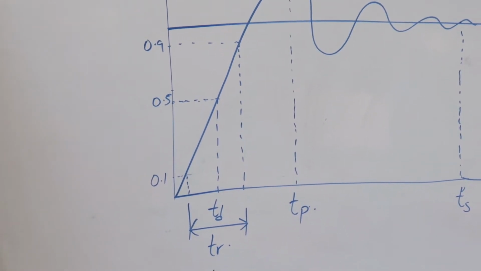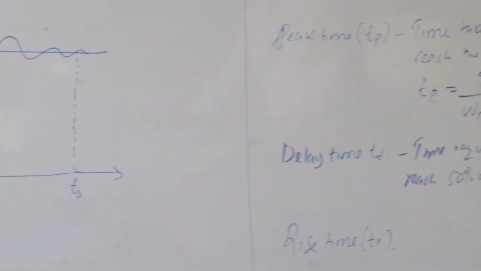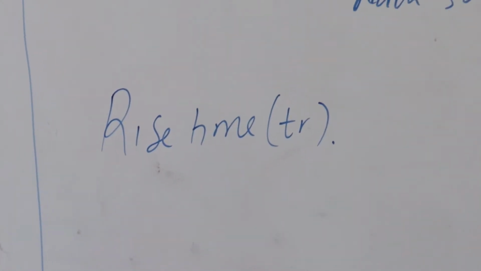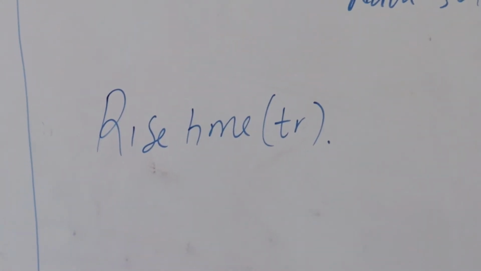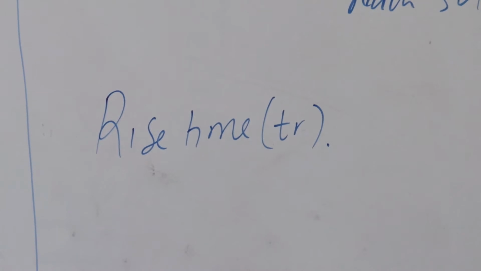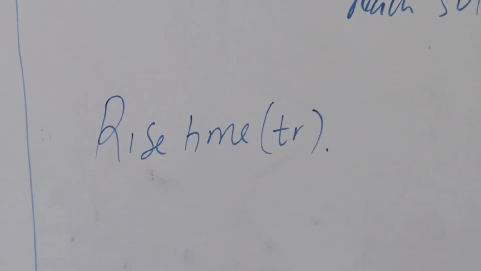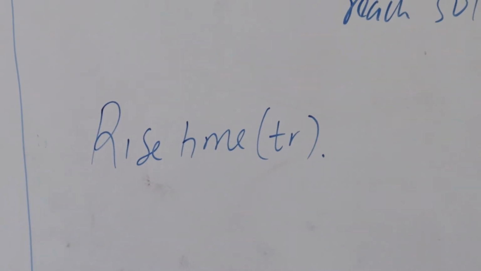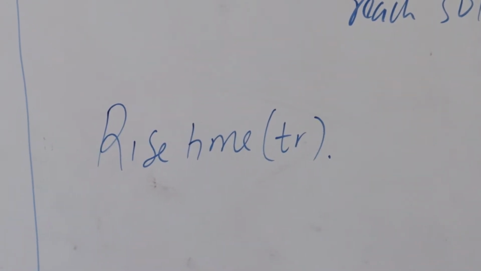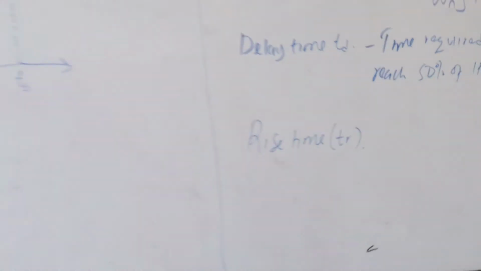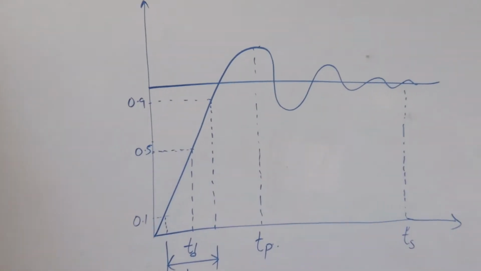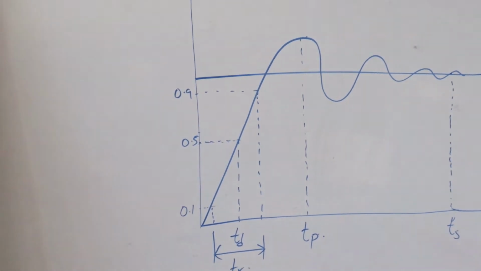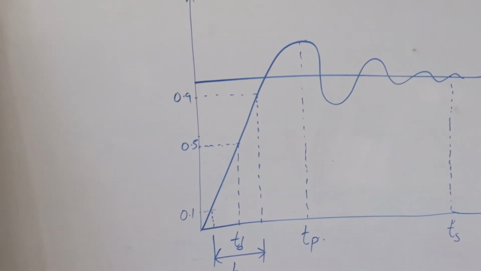From this, the rise time that we are talking about is the time that it takes for the response to rise from 10% or 0.1 to 0.9, that is between 10% and 90% of the final value. So it is the time taken for the response to rise from 10% to 90% of its final value.